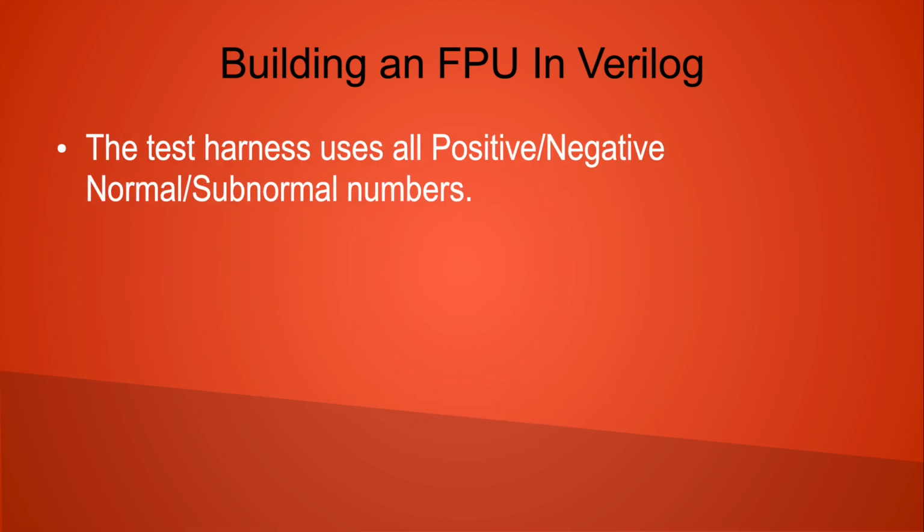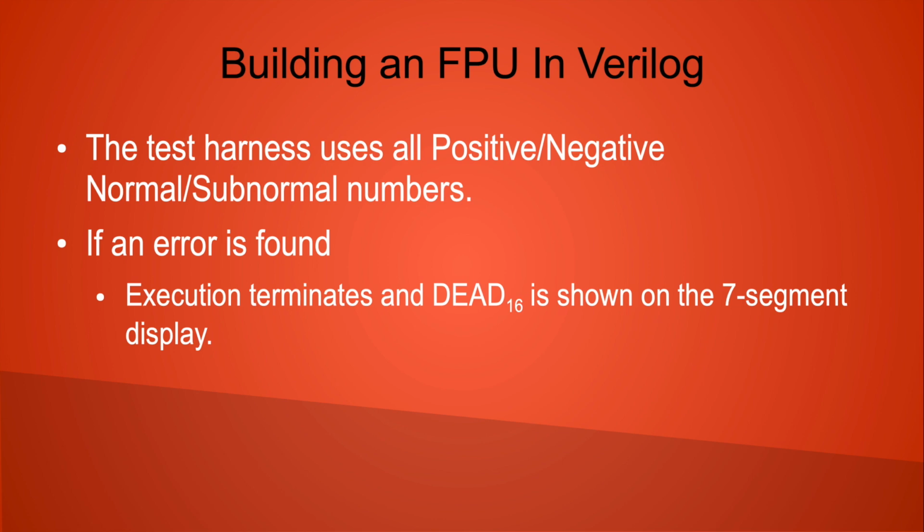As mentioned earlier, the test harness generates all possible combinations for subnormal and normal numbers and passes them to both of the implementations of the floating point addition circuit for the binary 16 data format. If an error is found, execution of the test halts and the code displays the hexadecimal value DEAD on the 4-digit 7-segment display.